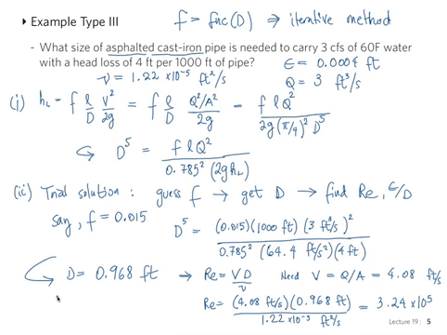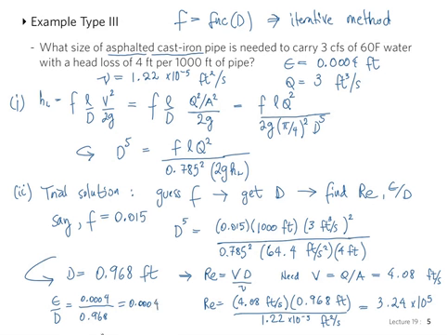And now we have epsilon over D. It's not given, but we can calculate it from the diameter. 0.0004 divided by 0.968. And actually, it doesn't change very much. We can keep 0.0004 to go on the Moody chart.